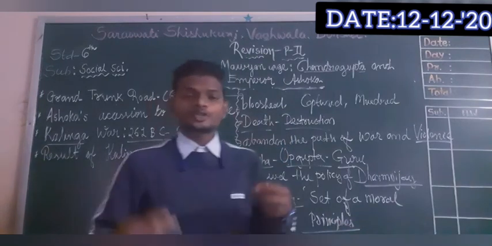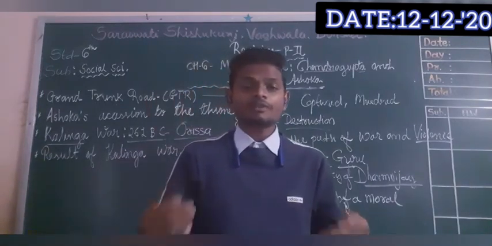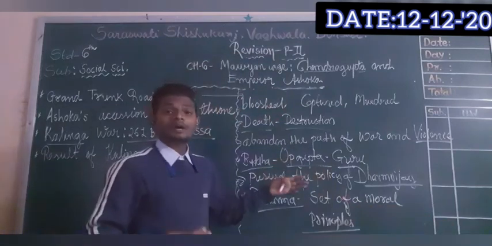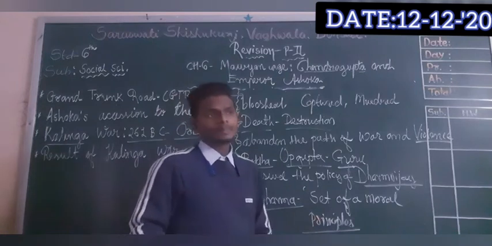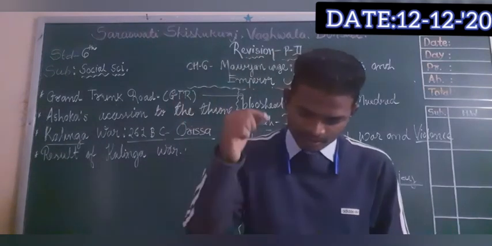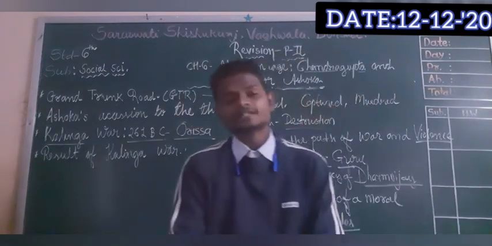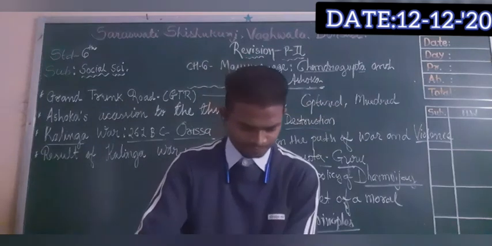Moral virtues, the way of living, how to live a better life, are there in this set of moral principles. Okay, so that we have to discuss, my dear students.